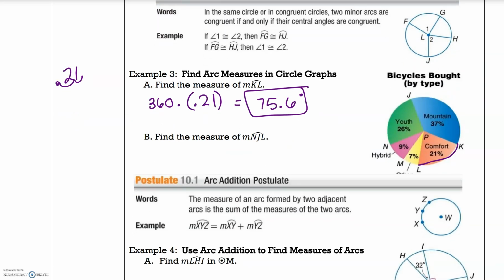Next up is going to be N, and then J, and then L. So we're going to go from N all the way through J, all the way to L. So everything but the 9 and 7, which we know that 9 plus 7 is 16.